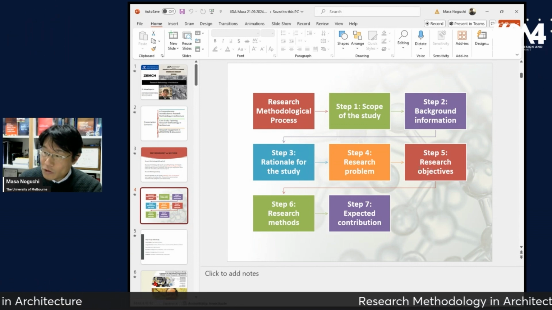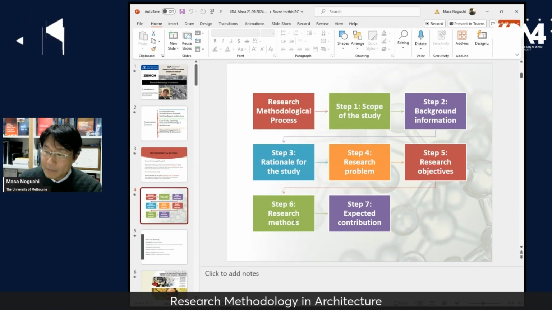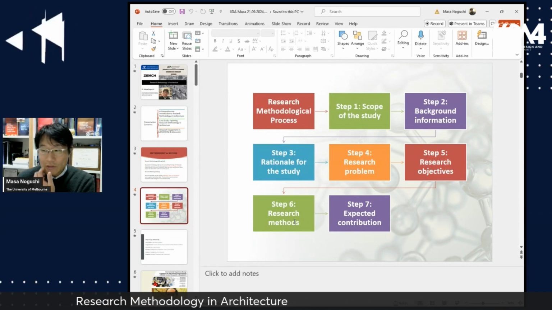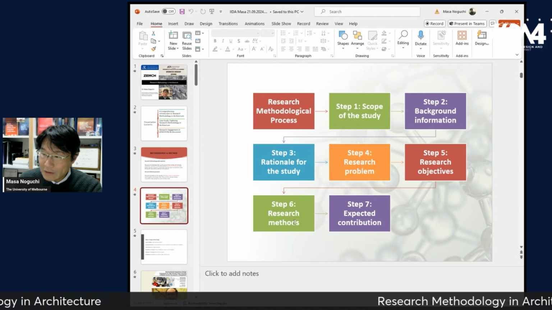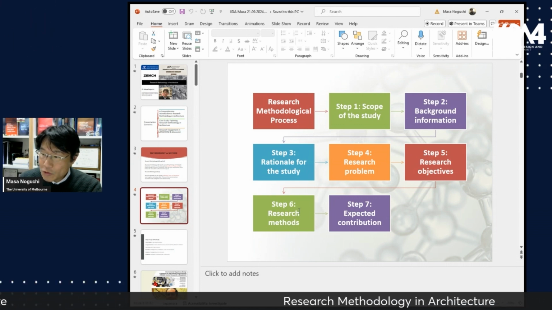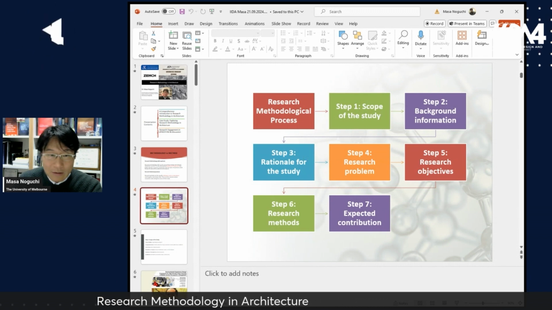And in order to carry out the research objectives, some research tools and techniques would be implemented. I'm going to explain one by one in a little more detail.